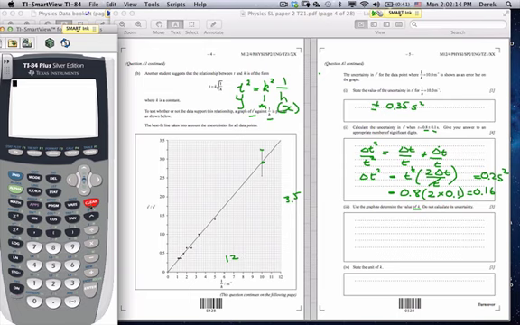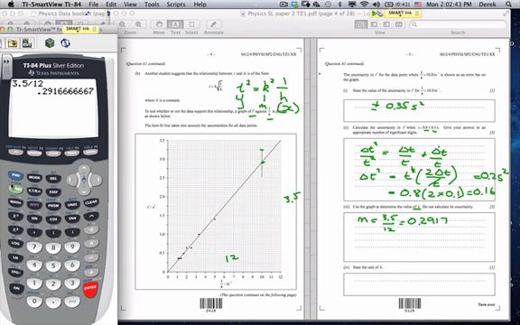So I'm going to do this on the calculator. It's going to be 3.5 divided by 12. And I get 0.2916. So my m is equal to 3.5 over 12, which is equal to 0.2917 for the moment.